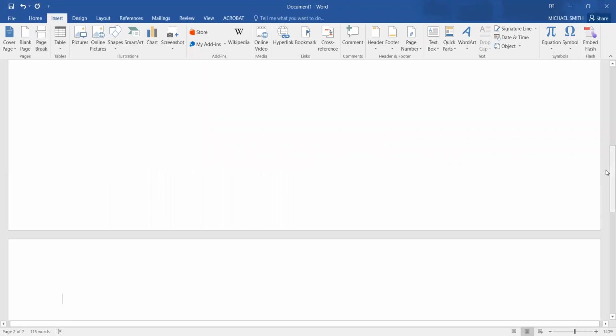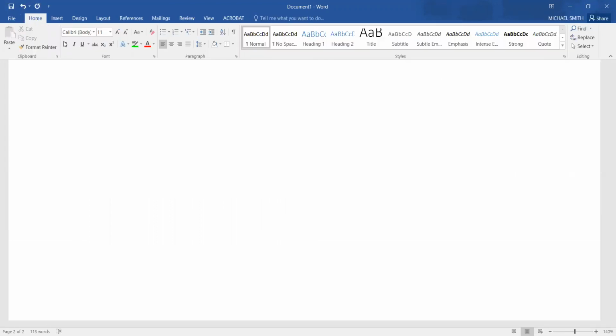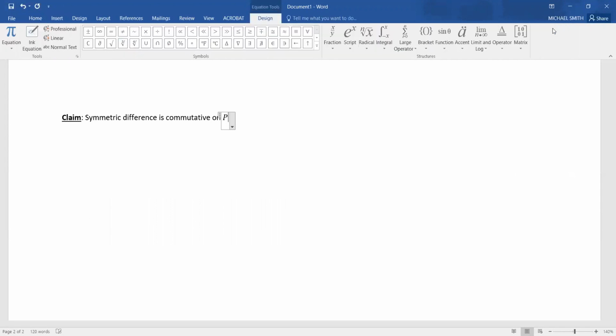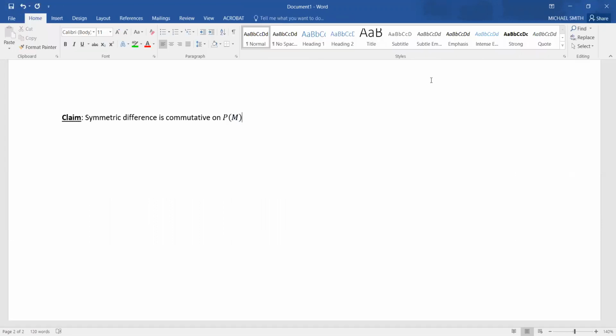So the claim that I want to prove is that symmetric difference is commutative on P of M. Now, let's first think about what we want to show here.